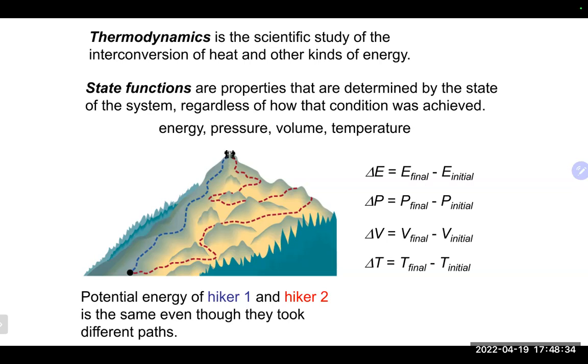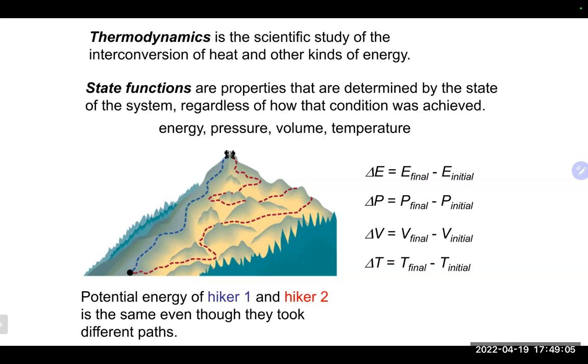Spontaneous basically means that the reaction will take place under those conditions. It doesn't mean that the reaction will occur really fast or really slow. It just means under those particular conditions, we would expect the reaction to take place. When we talk about fast or slow, we're talking about kinetics.